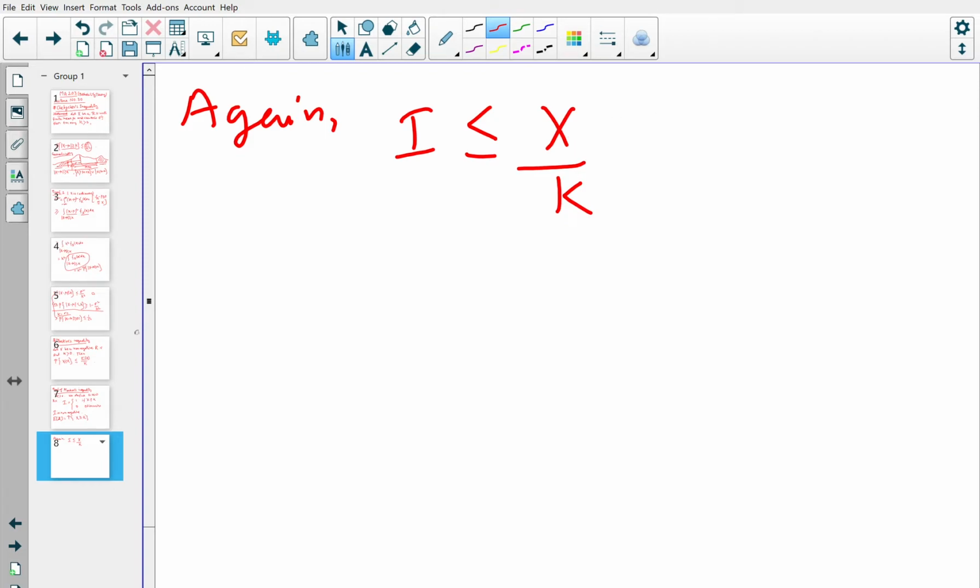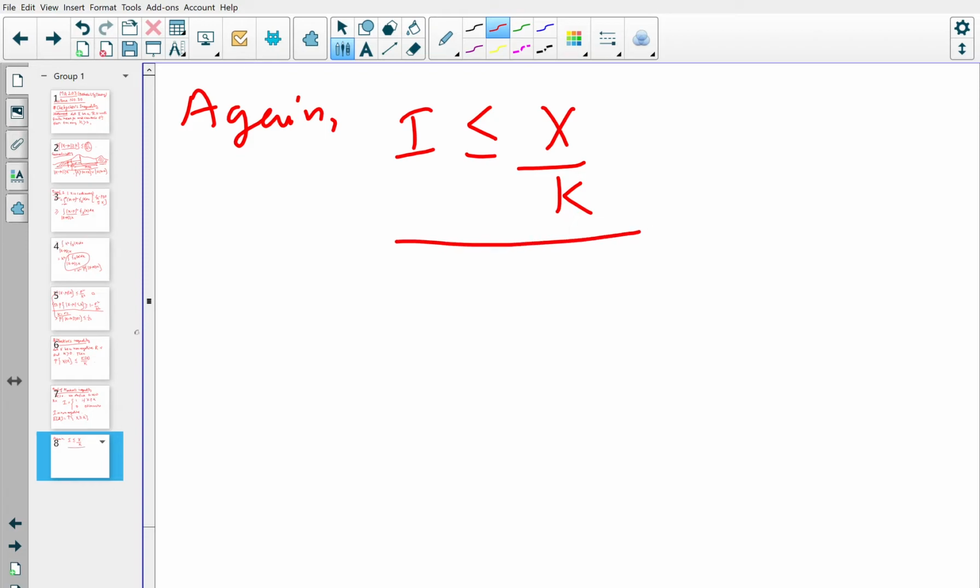And whenever x is less than k, then I is 0, but x is non-negative, right? So this quantity cannot be negative, so I satisfies this inequality, okay.